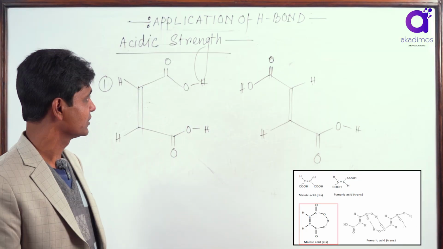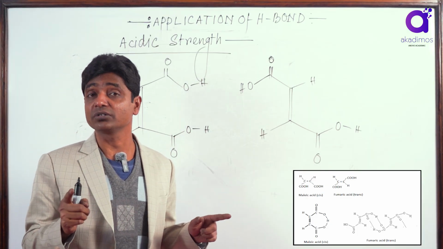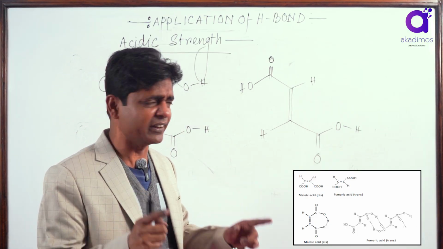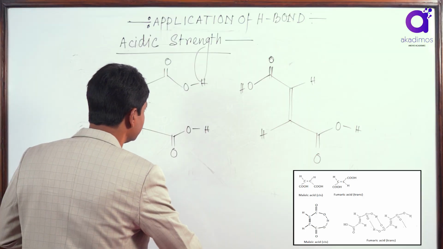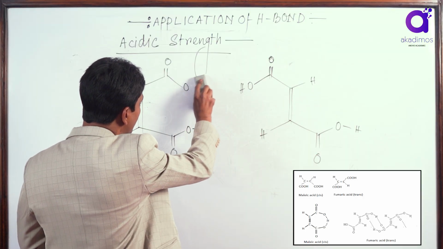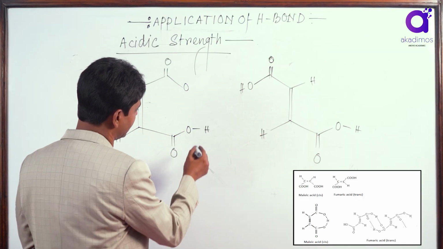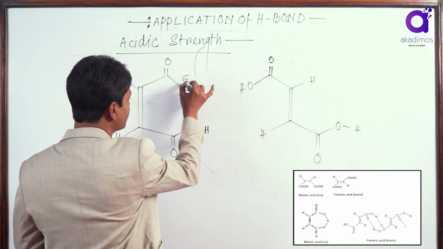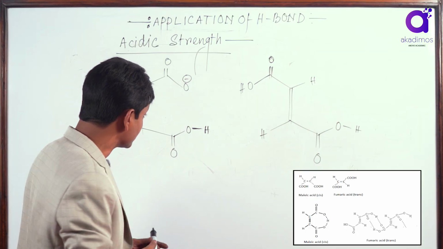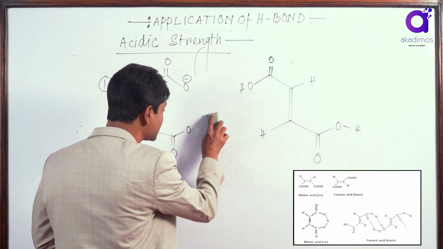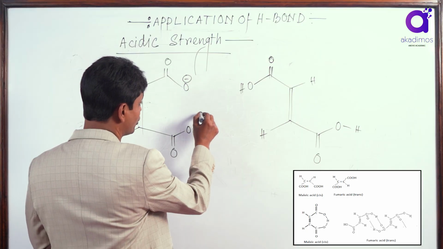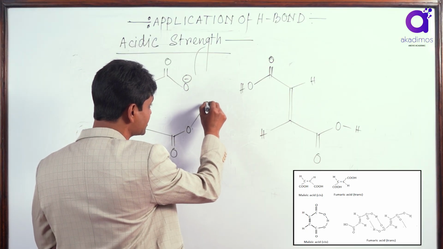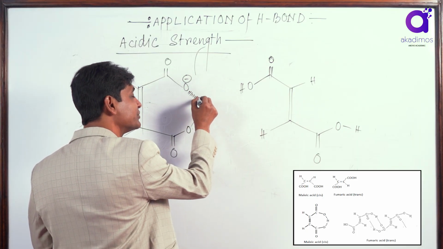Why? The answer we give is hydrogen bond. Hydrogen bond will explain it. How? See, if it loses one proton, you know it is a dibasic acid, with K1 and K2. The conjugate base is this. And the conjugate base will get additional stability due to intramolecular hydrogen bond.